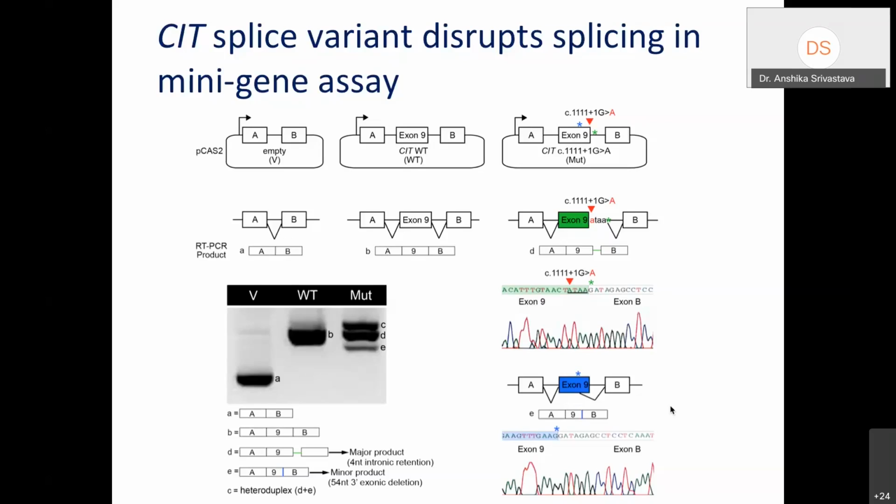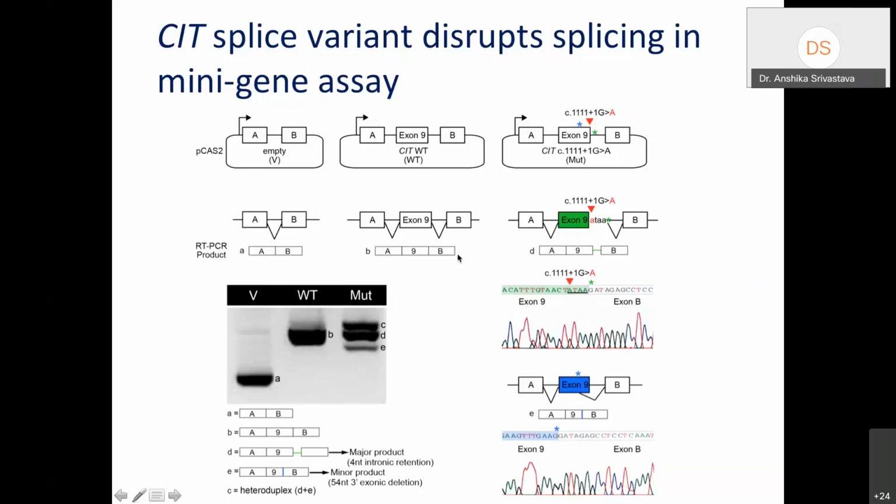So we amplified the region of interest from a wild type individual and cloned it into the pCAS2 vector. Similarly, we amplified the region of interest from the individual that harbors the variation and cloned it into the pCAS2 vector.